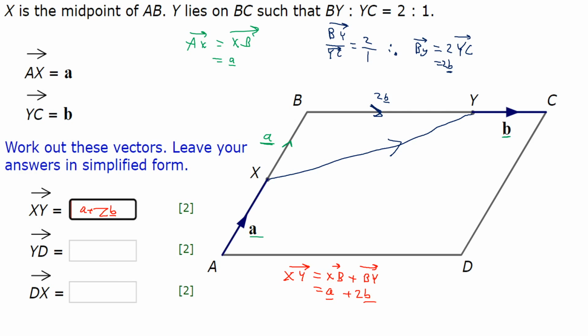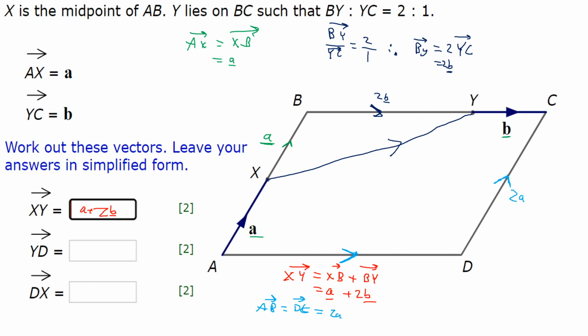What about Y to D? Well, because this is a parallelogram, and we'll talk a bit more about parallel lines later, these two vectors are going to be equal, and likewise with these two. So if AB is equal to DC, which is equal to 2a, let's label that 2a.